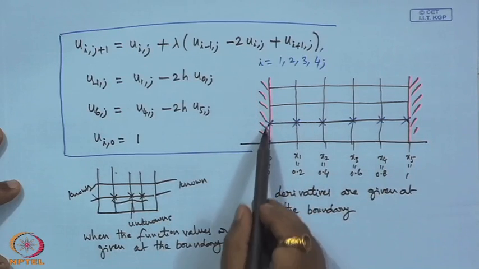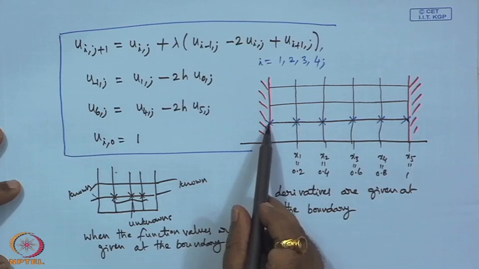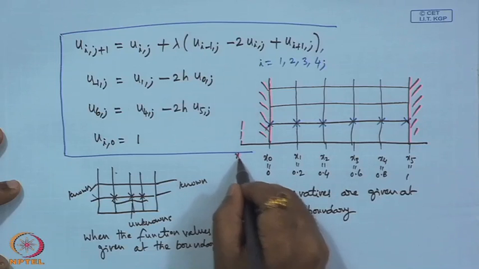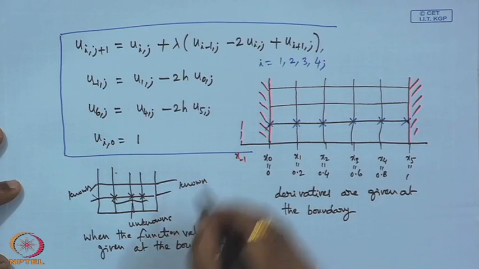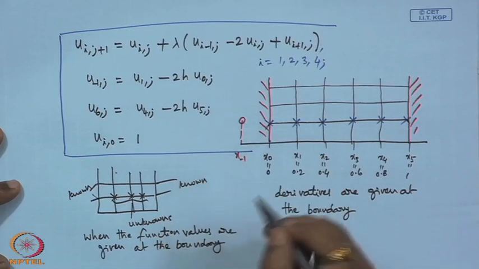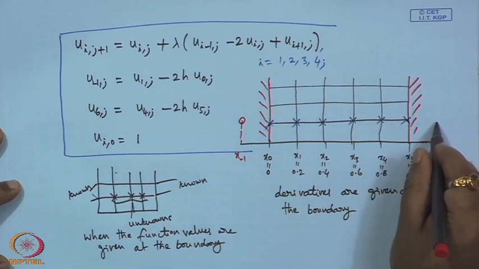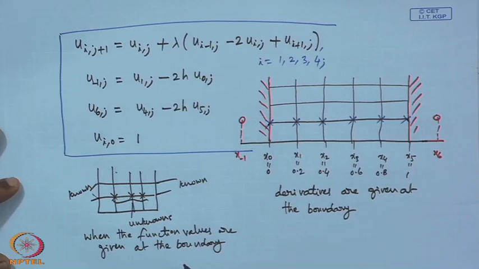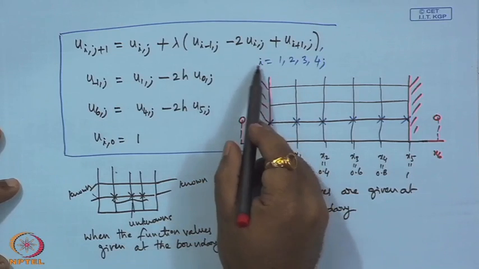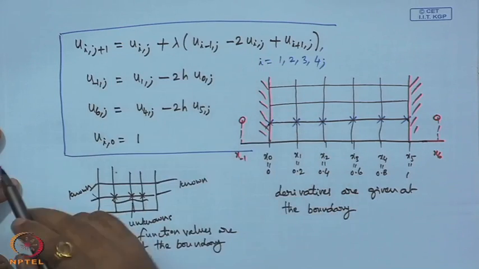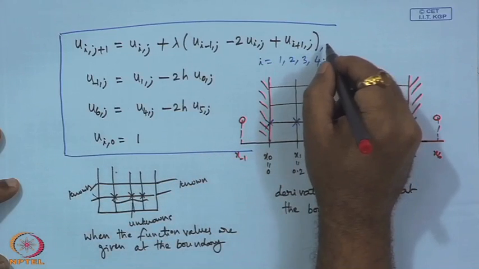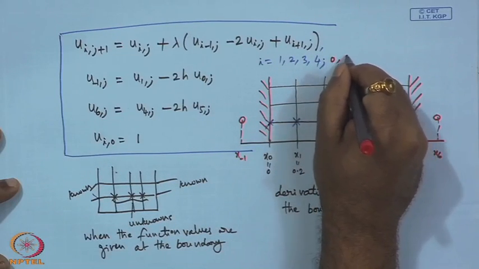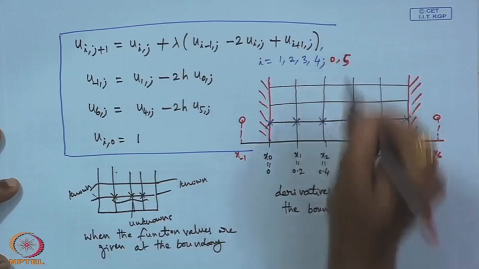But in this case the derivative boundary condition introduced fictitious values which are outside. So, this is x minus 1. So, corresponding fictitious value, and in this case x 6 and the corresponding fictitious value. So, if you run this equation for i equals to 0 as well as 5.